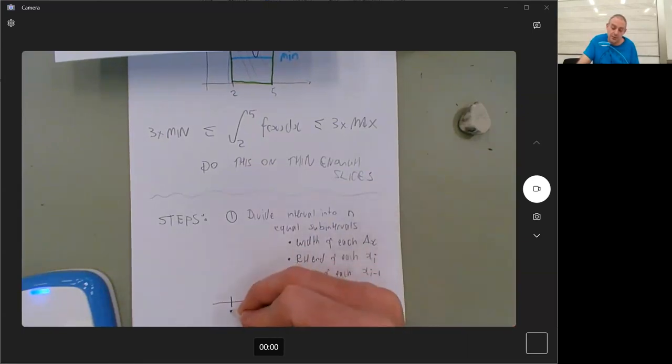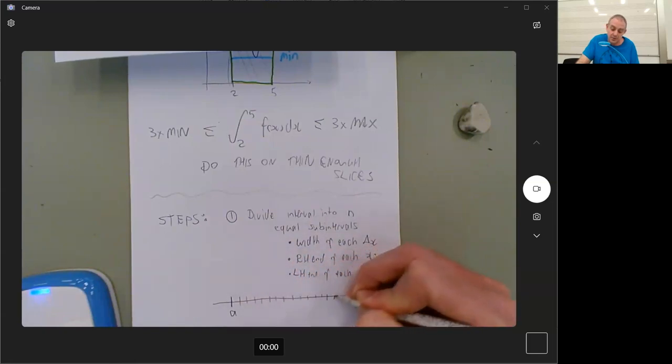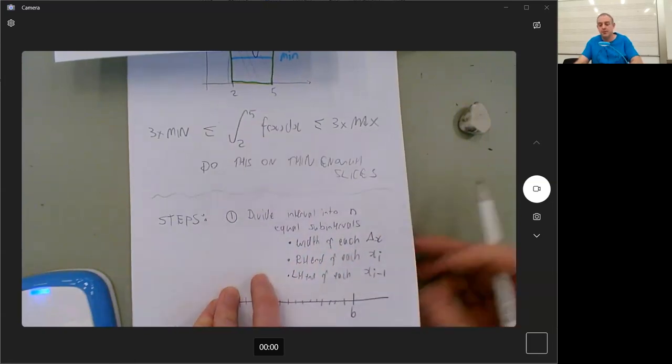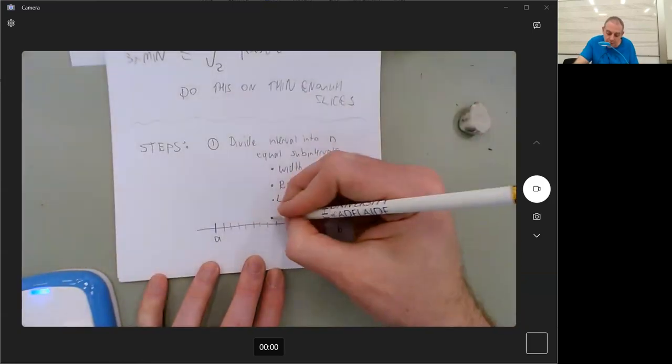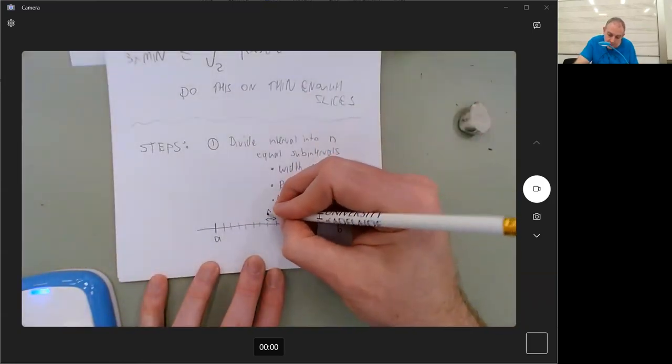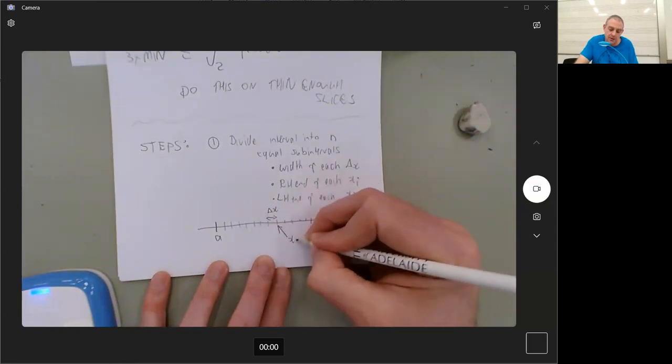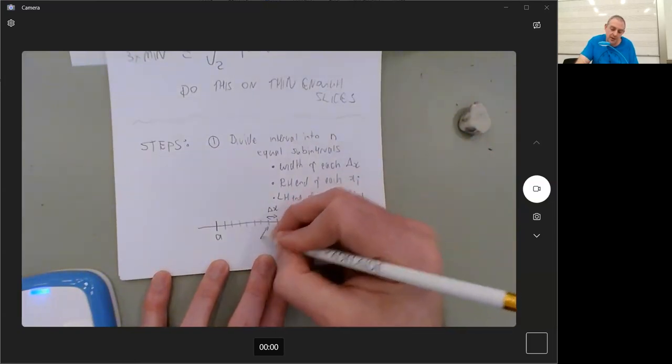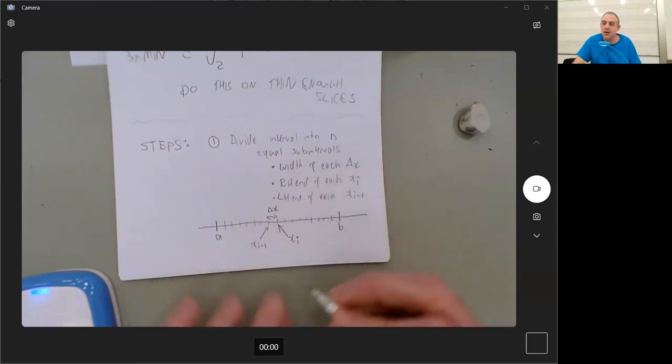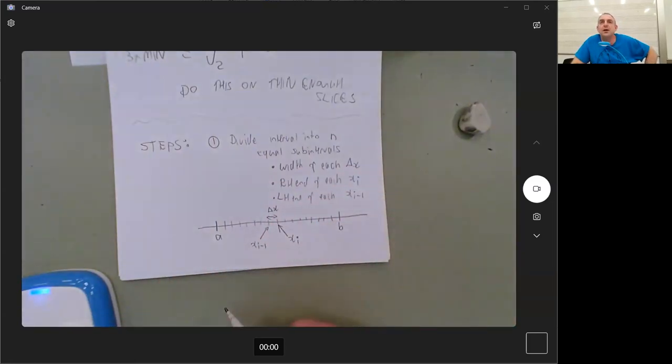There's your big interval, which goes from like A to B, and you cut it into all these pieces. And this width here is delta x. And this right-hand end is called xi. And this left-hand end is called xi minus 1, where the I stands for interval. It actually stands for index, but it makes more sense to me to call it interval.